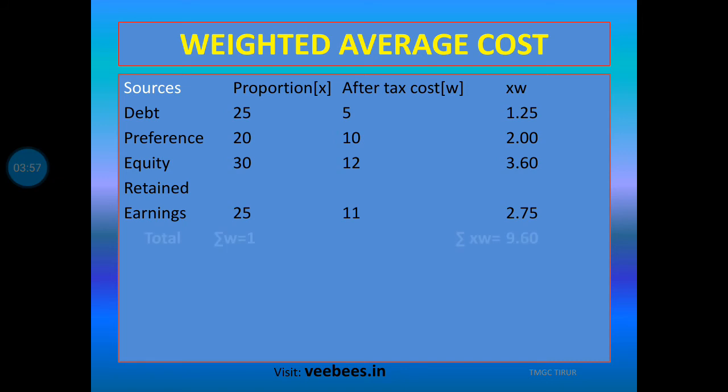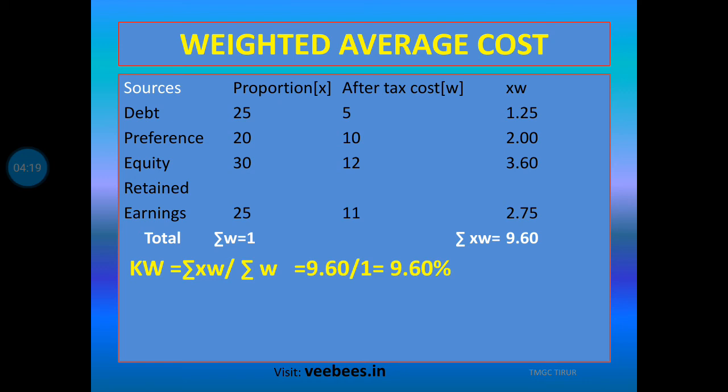Then we have to total two columns: the W column, the proportion column, and the XW column. Sigma W will always be 100%, taken as 1. Sigma XW is 9.60. So weighted average cost of capital is sigma XW divided by sigma W, that is 9.60 divided by 1.